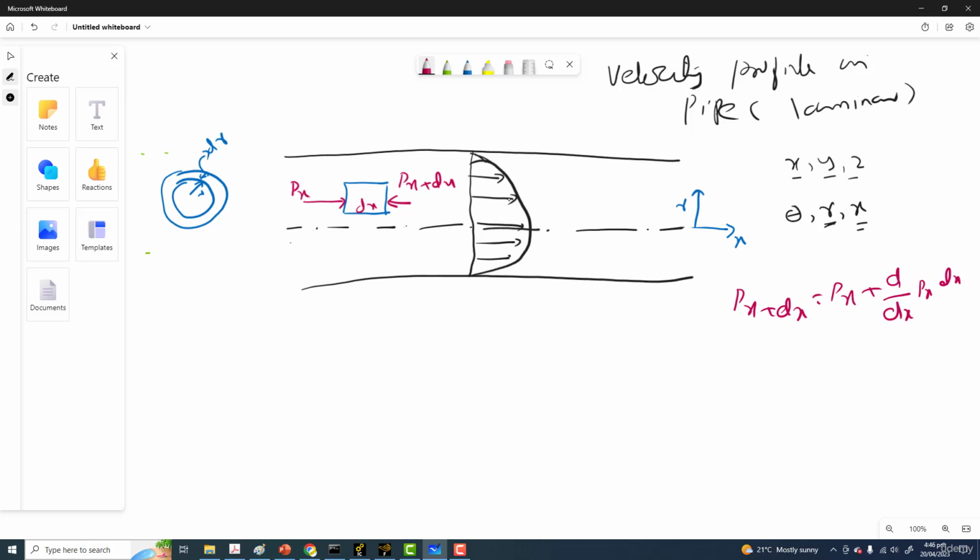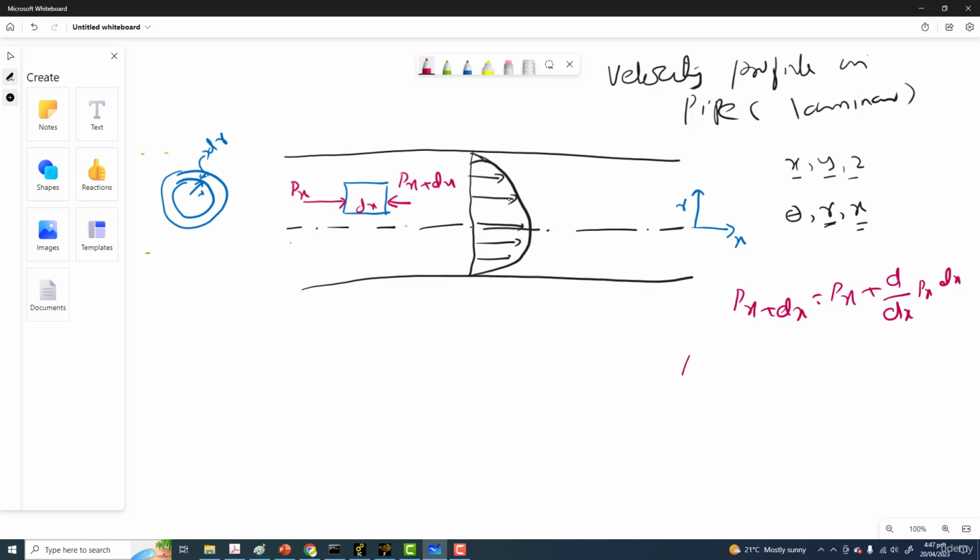Okay, because the shear stress is applied parallel to the geometry, the area would be considered over this one. So this area would be equal to dx, and the circumference of that particular geometry is 2 pi r. So we can say this is the area for shear stress.